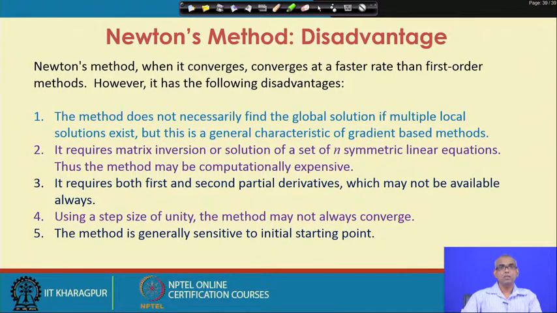That means it can go in the direction of minimization of the function or the maximization of the function. You remember, the search direction is valid for both minimization and maximization of the function. So, the method is generally sensitive to the initial starting point.